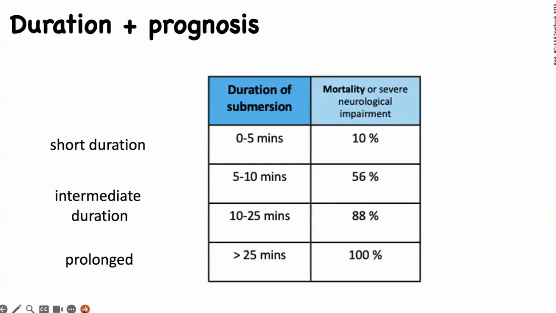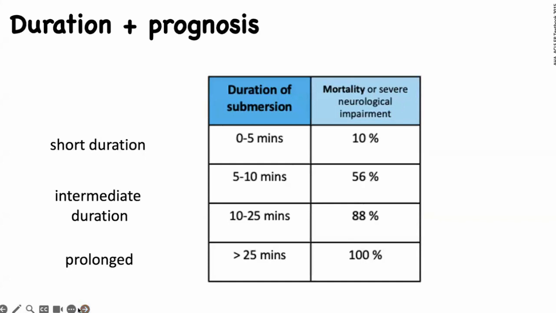The literature across the board looks at the submersion time, and the submersion time is directly related to the outcome. So with a short duration, you have a better chance of survival, and the mortality is about 10%. These stats are also based on severe neurological impairment.